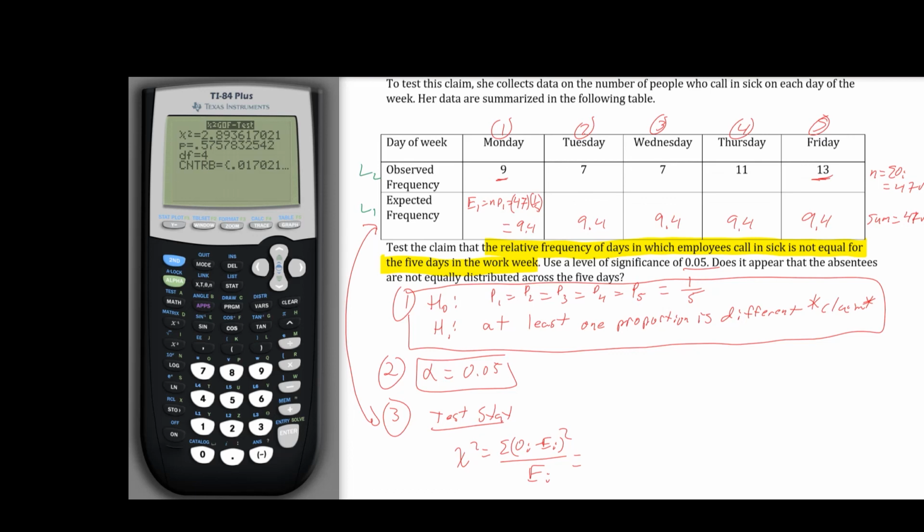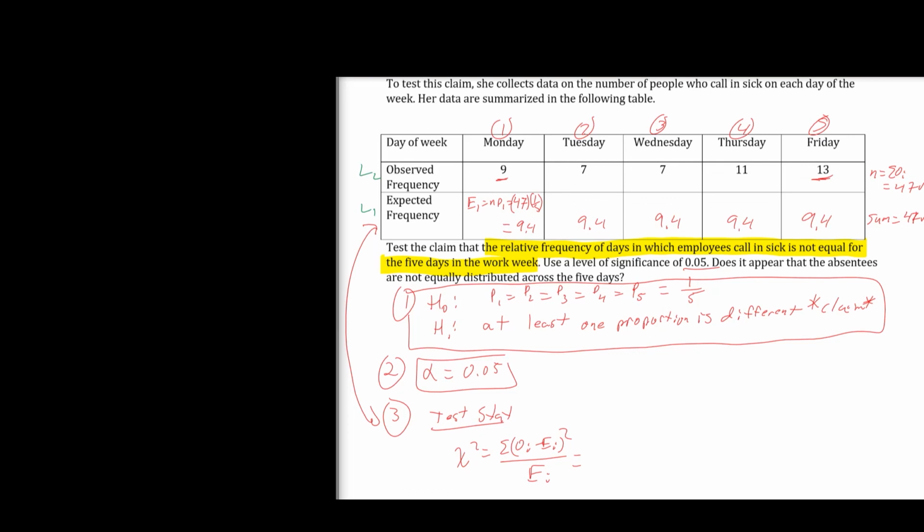The one that deviates the most from that is Friday, which is 13, and apparently that's not enough of a deviation for us to say that people are calling in sick more often on Fridays or any one of these days than other days. Tuesday and Wednesday are close enough to 9.4, and Monday is also close enough to 9.4 to say that it doesn't deviate that much from what's expected. So the test stat here is 2.89.